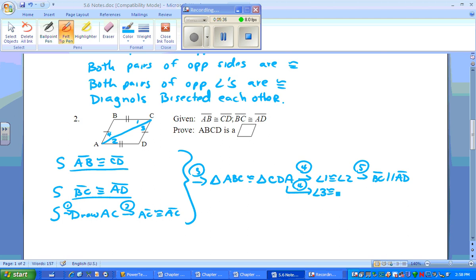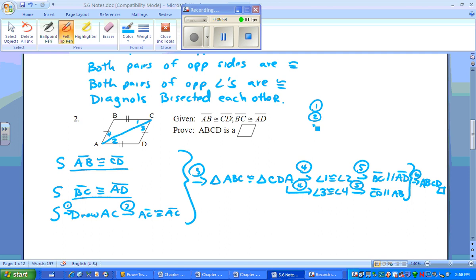Angle 3 is congruent to angle 4, which by the same reason gave us CD parallel to AB, which then makes ABCD a parallelogram.